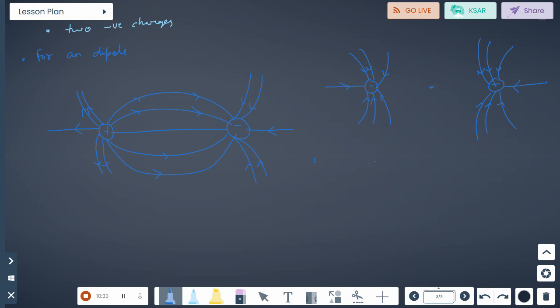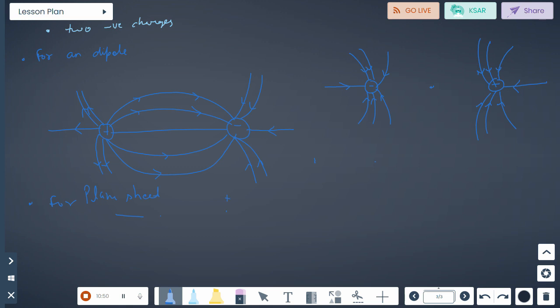And for a large plane sheet of charge, near it the lines are equally spaced and parallel to each other.